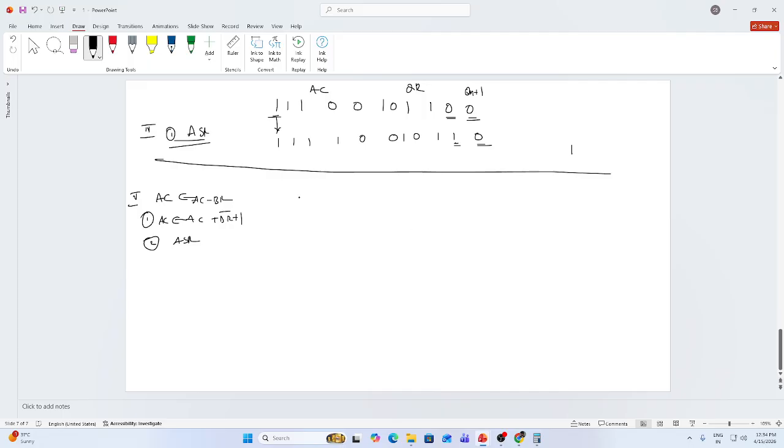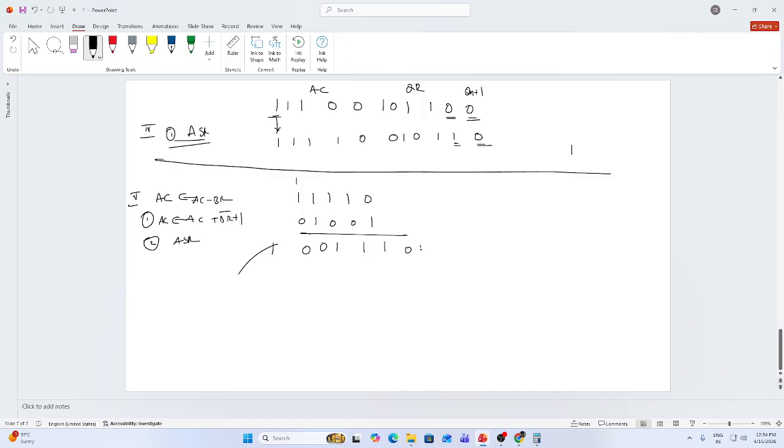So okay, just take this 1 1 1 1 0, what is BR bar plus 1? That is nothing but 0 1 0 0 1, right? 1 1 1 0 1 0 1, ignore the carry, right?